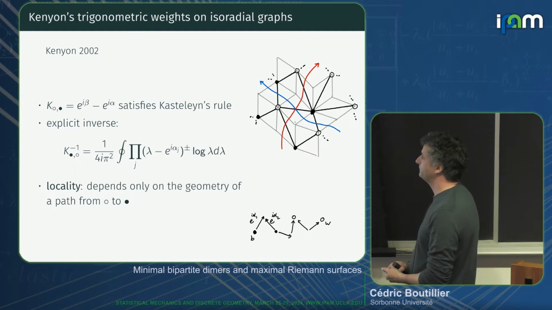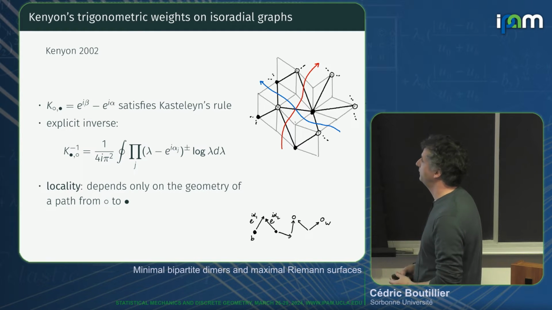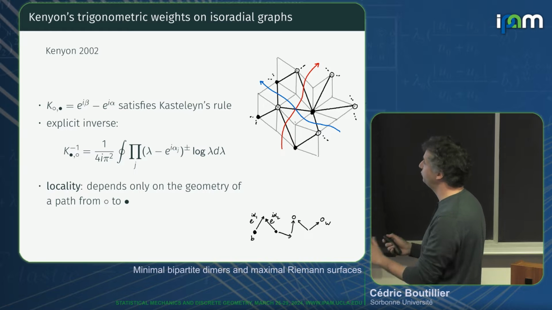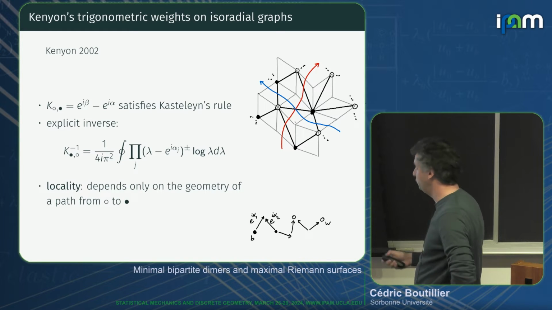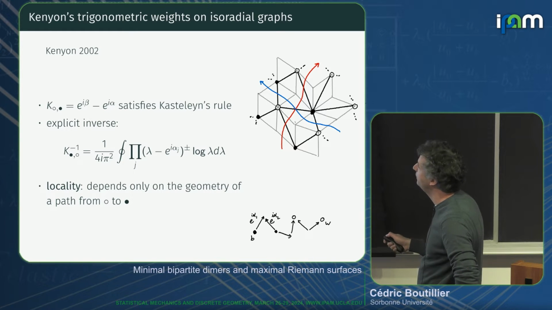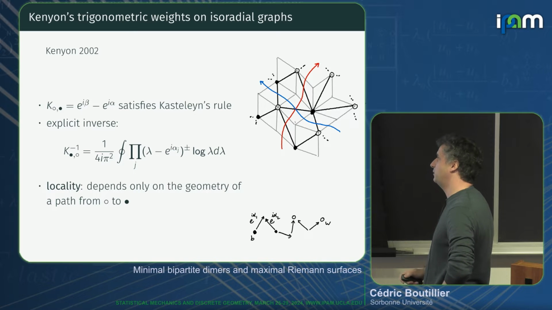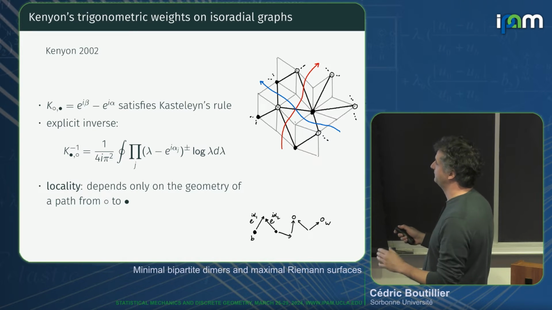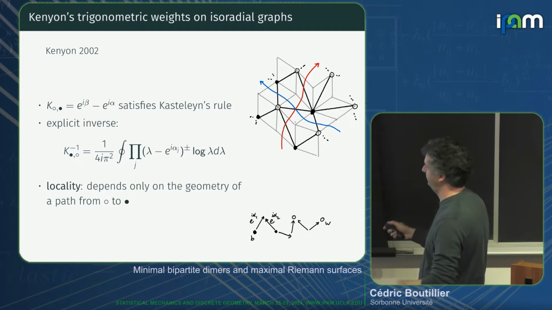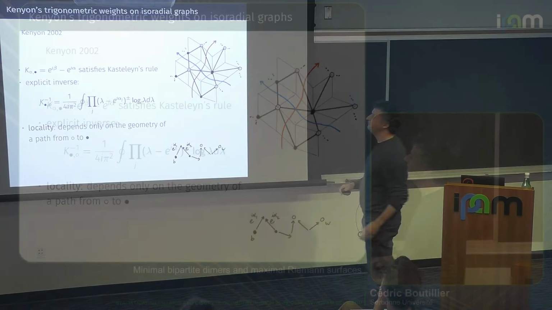So a way to construct an isoradial graph is to start from a tiling of the whole plane with rhombi, which are the gray pieces here, with side lengths equal to 1, let's say. So you start from this infinite tiling.